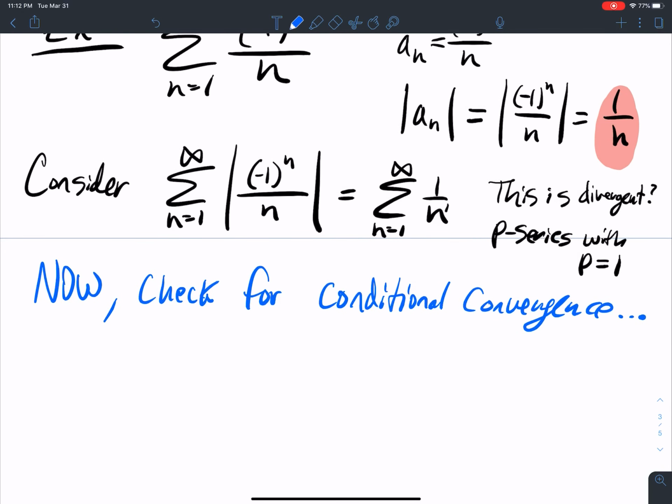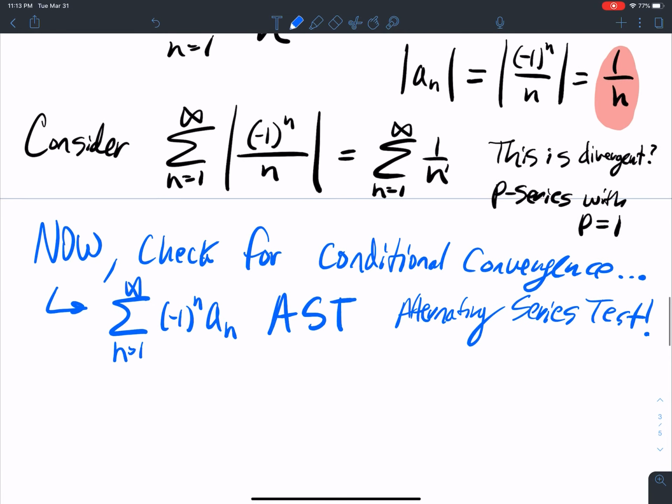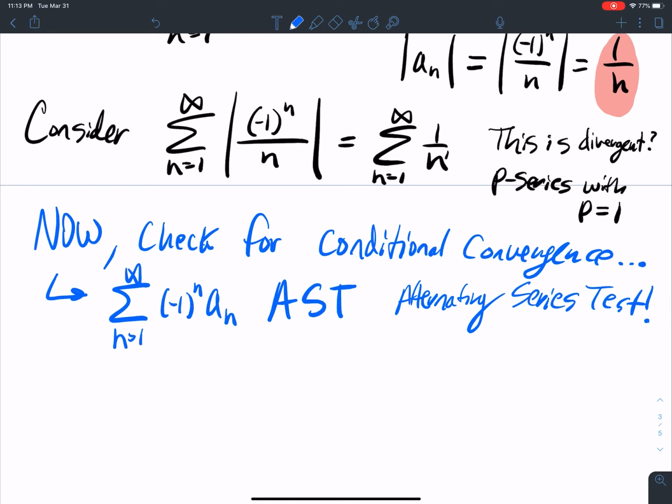How do we check for conditional convergence? I do this by the alternating series test, the series n equals 1 to infinity of (-1)^n a_n. If I run the alternating series test, what does this mean? My a_n here is 1 over n, which is greater than 0 for n greater than or equal to 1.